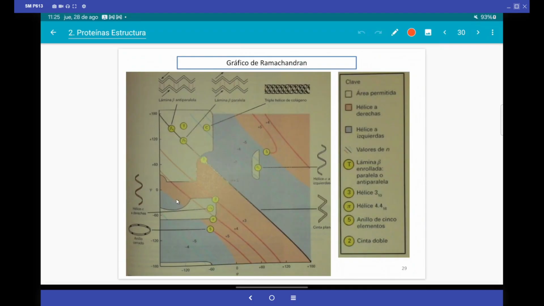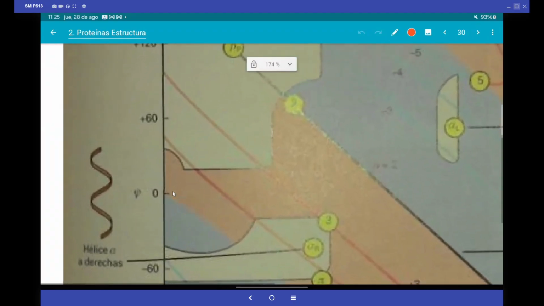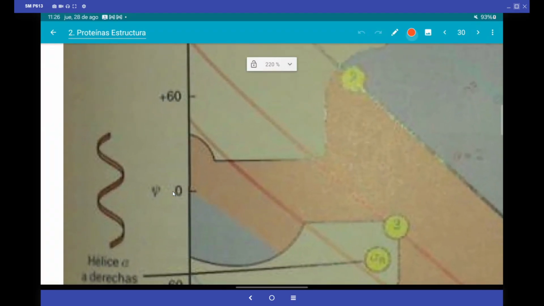The psi angle is from the alpha carbon towards the carbonyl, and the phi angle is the rotation towards the nitrogen.